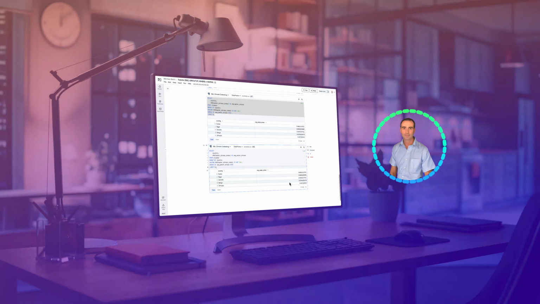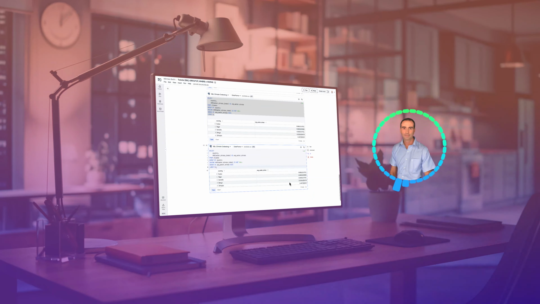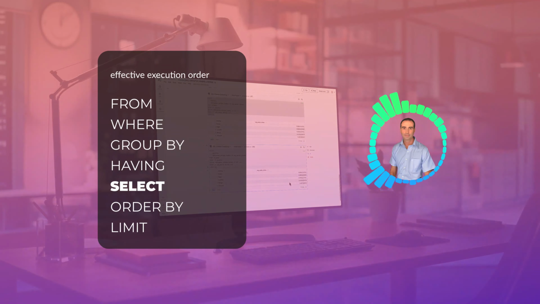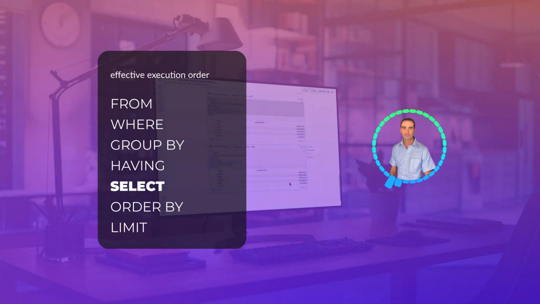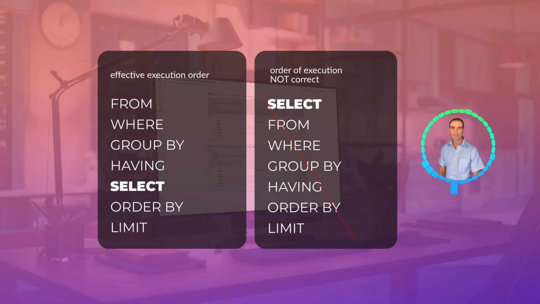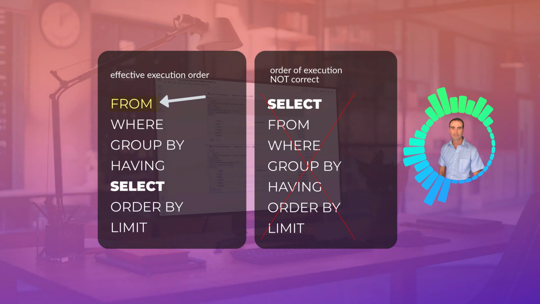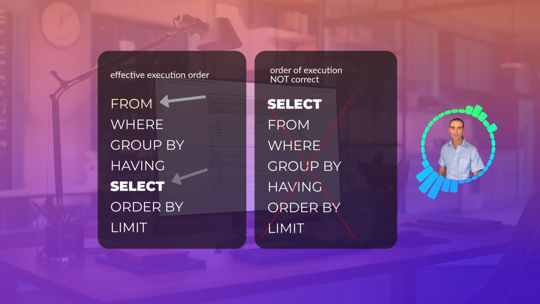To avoid errors such as those we have discussed, it is critical to understand the order of the execution of SQL clauses. The actual order of the execution is as follows. However, when we write a query, we tend to use the following ordering, which differs from the actual ordering. The actual order involves executing the query with from, which indicates the tables to be used, and select is performed only after having.